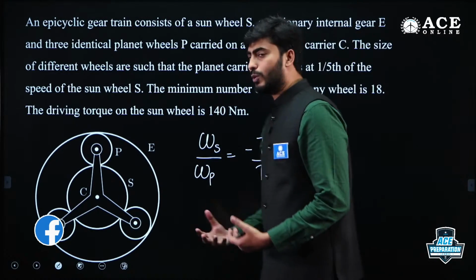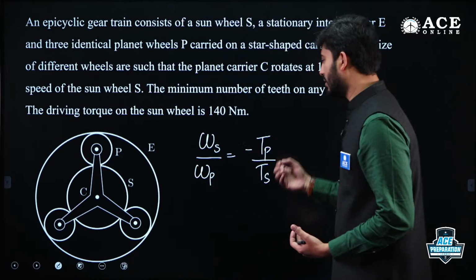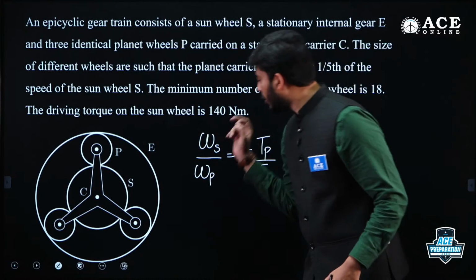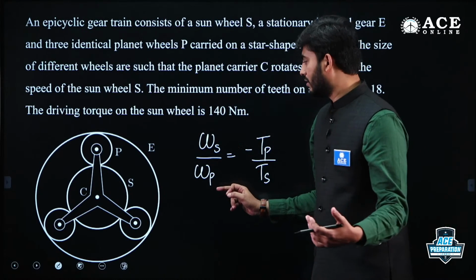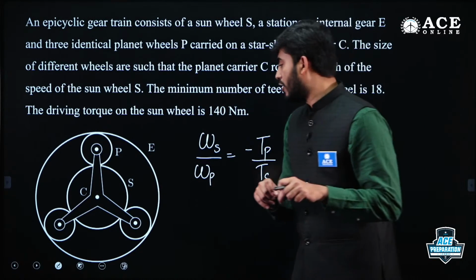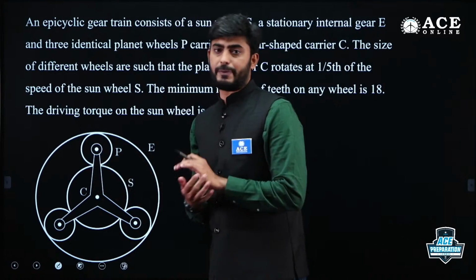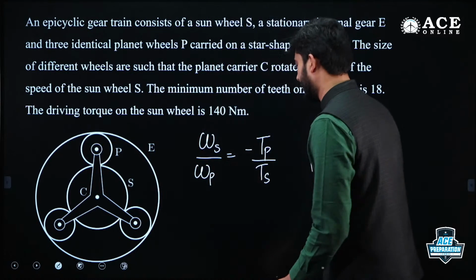Now if I want to do the algebraic method, I can replace these velocities of sun and planet with the relative velocities of sun with respect to arm and planet with respect to arm. I can replace that directly.